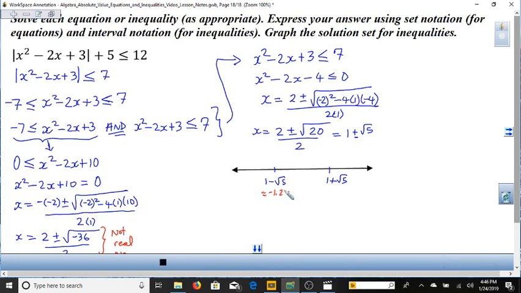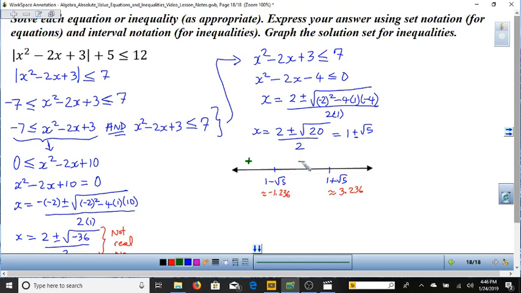And then if I add instead for the other marker, that's approximately 3.236. The reason we do that now is so we can check our markers. We can try a number on the left of negative 1.236, say negative 2. I plug in negative 2 into this expression here. I get 4 plus 4 minus 4. That's going to give me a positive number. And then if I try 0, I get negative 4, the number in between.